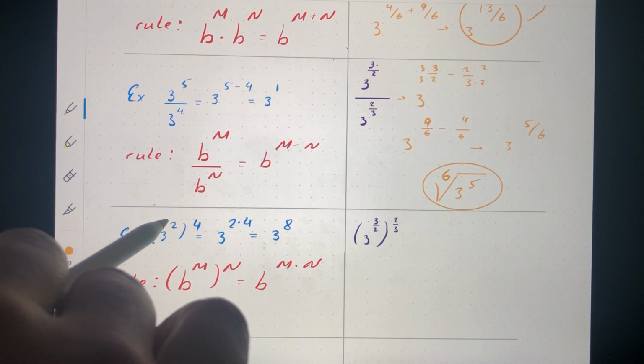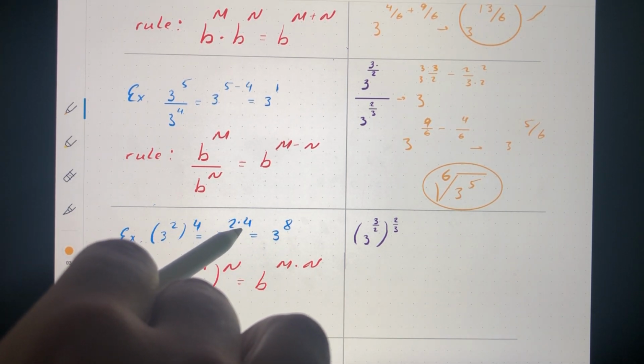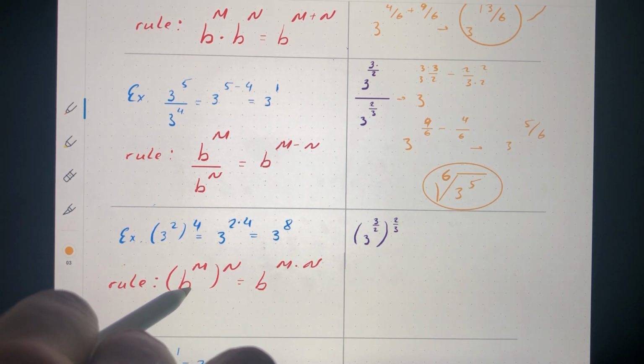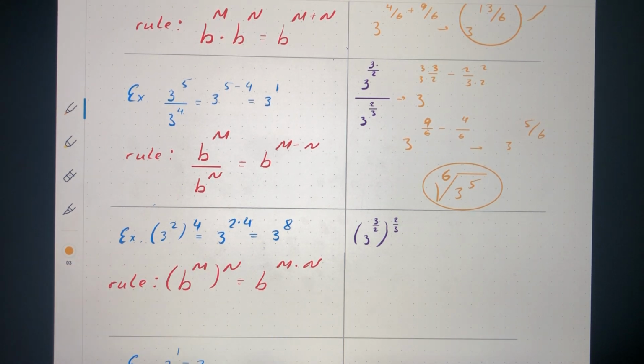Or simply multiplying the powers will give us the same result. And that works no matter what the exponents are. So here we have 3/2 times 2/3, which cancel off because they give you 6 over 6. 6 over 6 is 1, and anything to the 1 is itself. So our answer is 3.